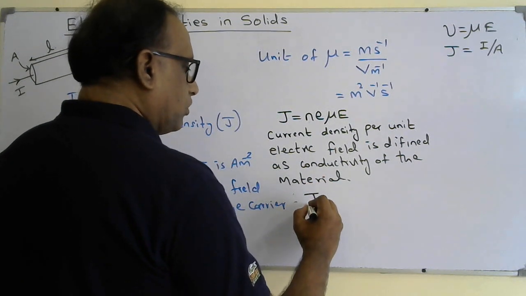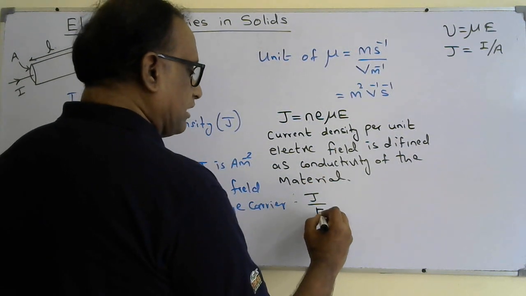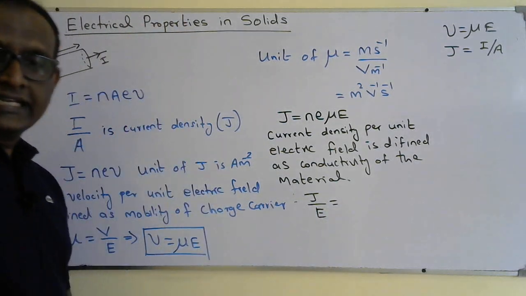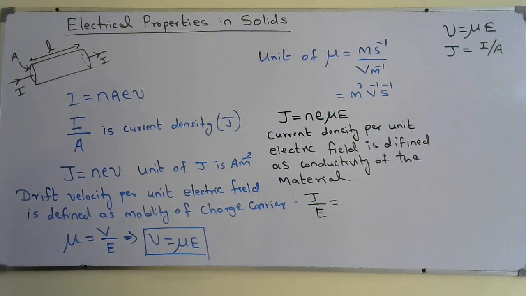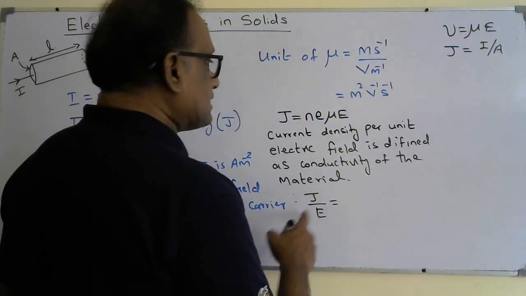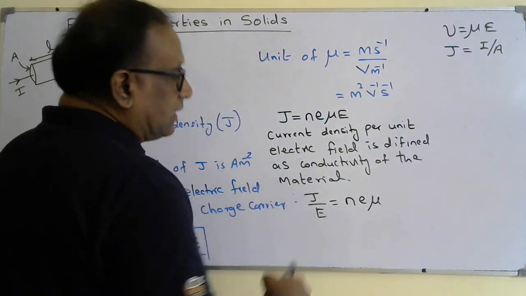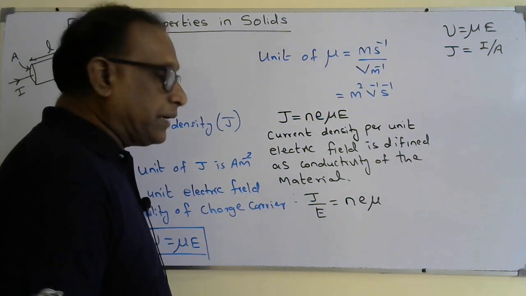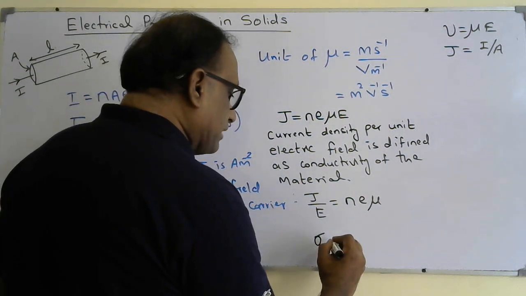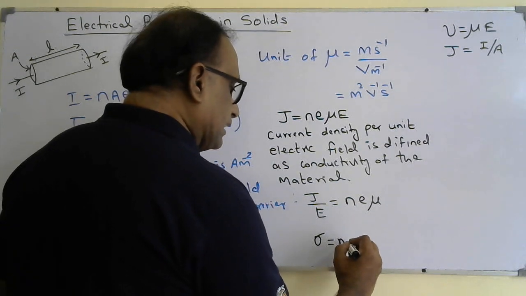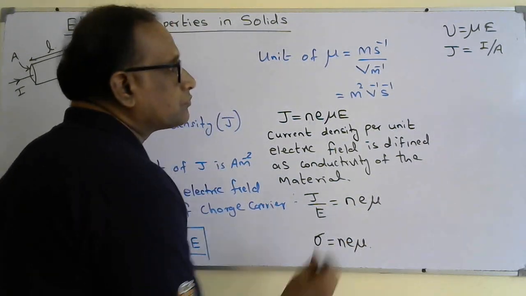So J divided by electric field strength, the current density per unit field strength, is equal to n e mu. This is conductivity, denoted by sigma. So sigma is equal to n e mu.